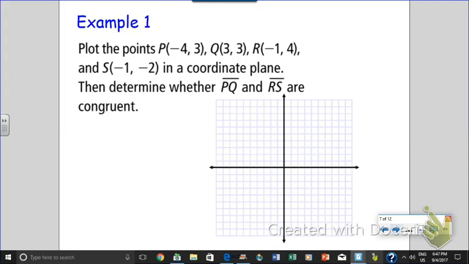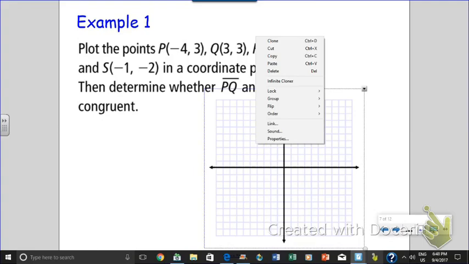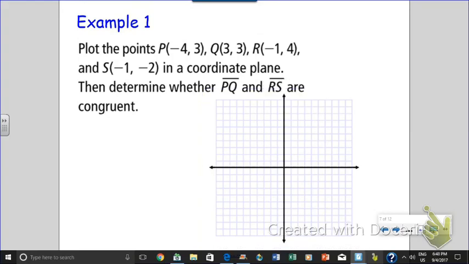So if we plot our points on our coordinate graph, our points are at -4, 3, plot the points on the graph, and then determine if we have congruent segments, which are the same length.